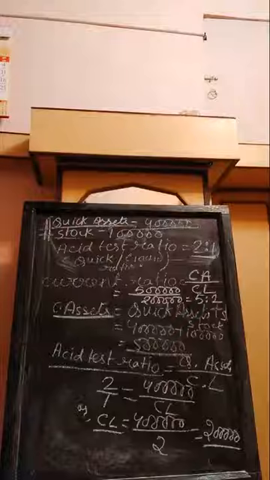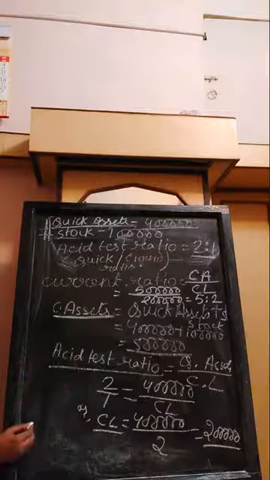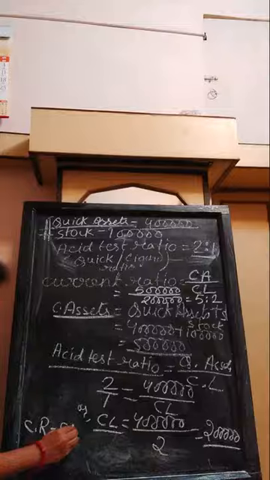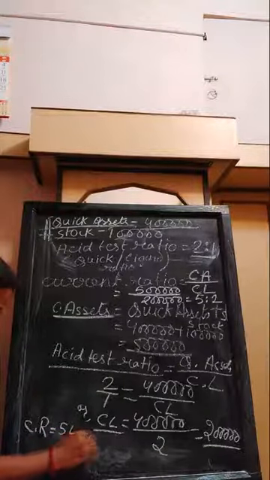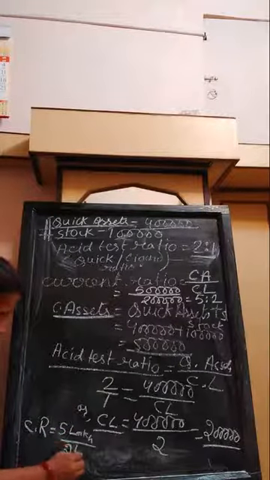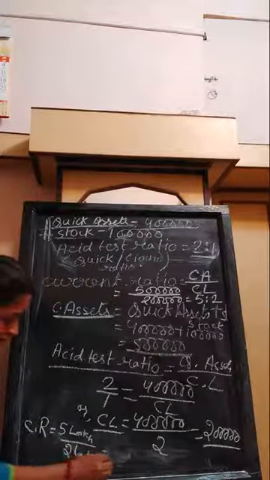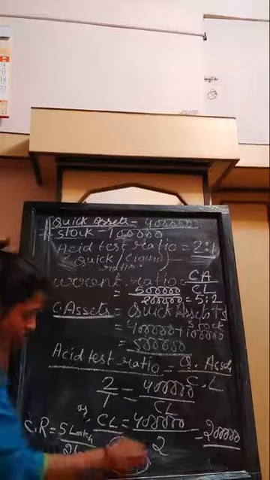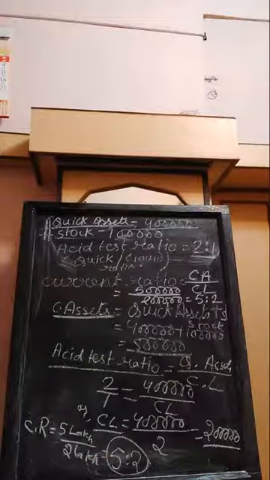Current ratio is 5:2. Again I am showing over here, current ratio is equal to 5 lakh by 2 lakh, which means 5:2. This is the required current ratio in the sum.